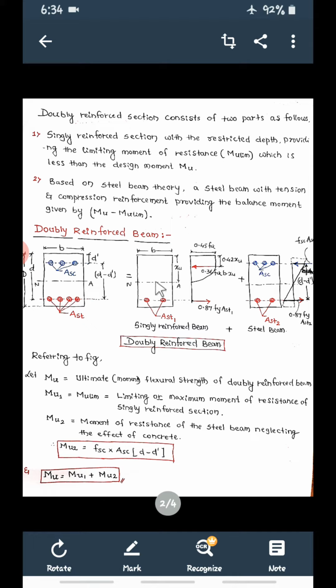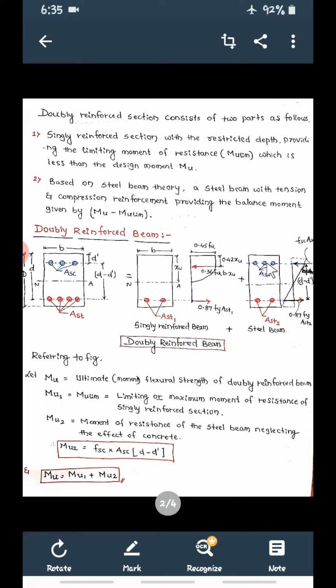Now this is a singly reinforced beam with AST1. Out of AST, this is AST1, and the remaining AST2 is provided at the bottom. To balance this AST2 and AST1, we will provide ASC. Can you see this ASC?